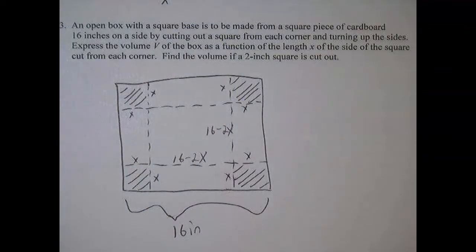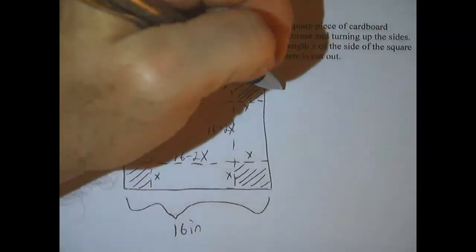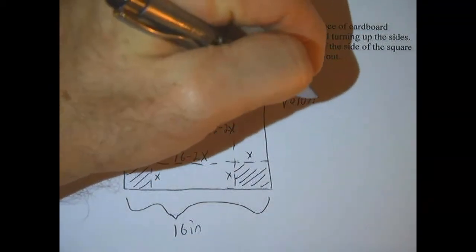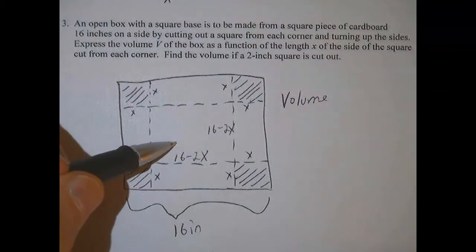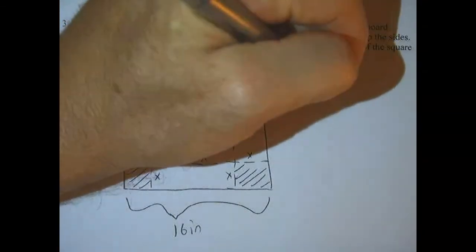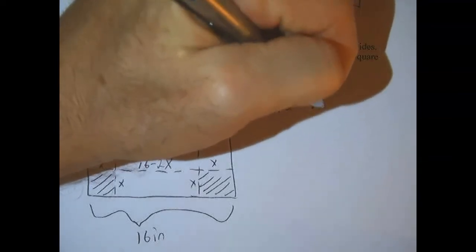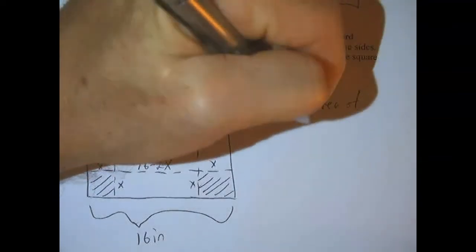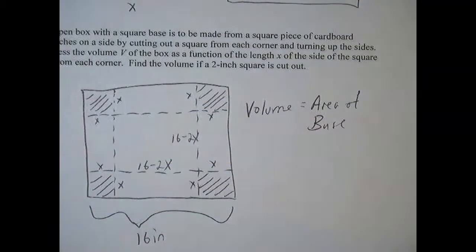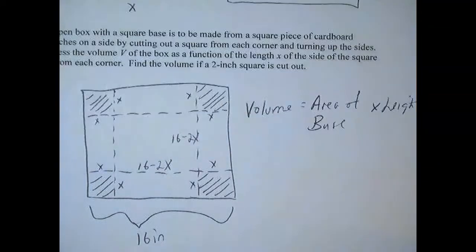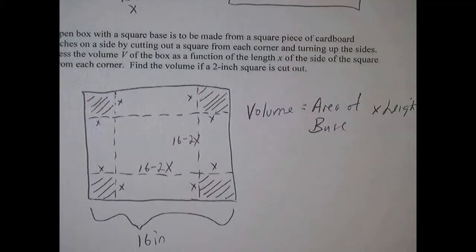So how do we find the volume of a box? Well, it's really a square prism, so the volume is going to be the area of the base times the height. That's the formula we're going to use here to keep things simple.